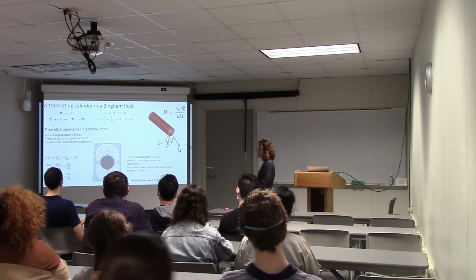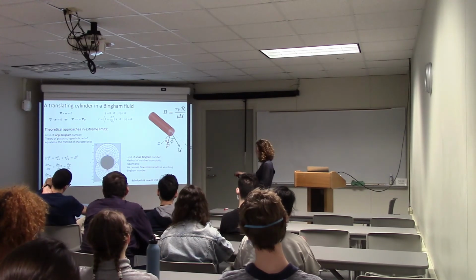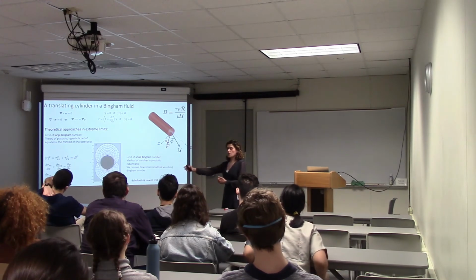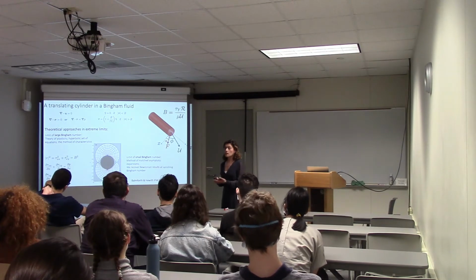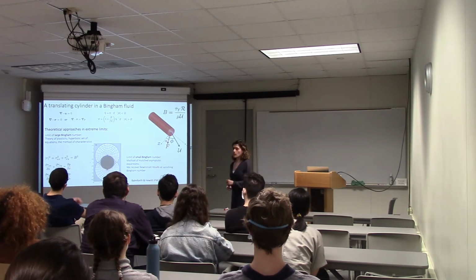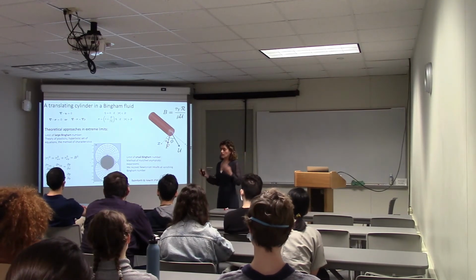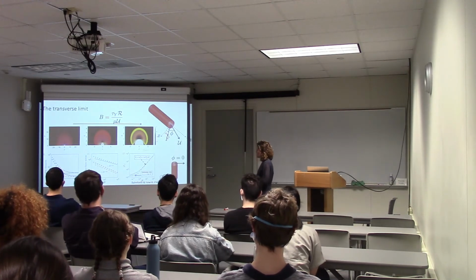So you have some theoretical handle when the Bingham number or yield stress is very large. And then when the Bingham number goes to 0, you recover the Newtonian limit, where you can make use of matched asymptotic techniques to solve this problem theoretically. But at any finite value of Bingham number, there is no theoretical solution, and we have to solve this computationally. And I'm going to show you the solution.